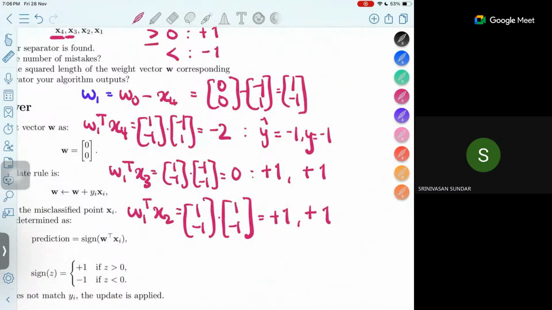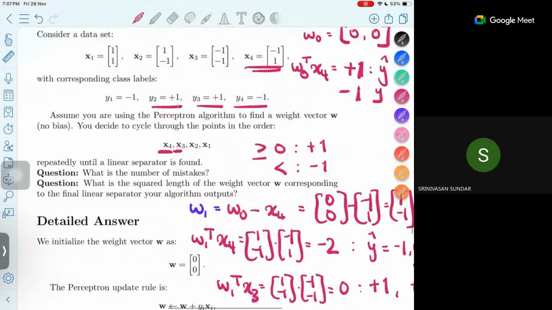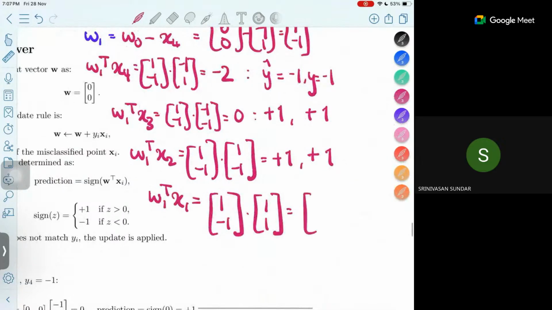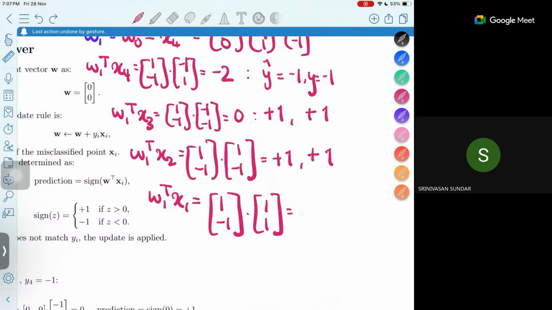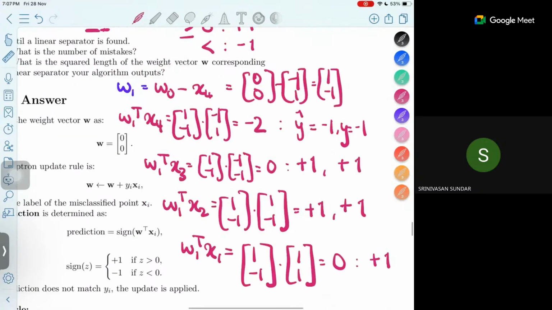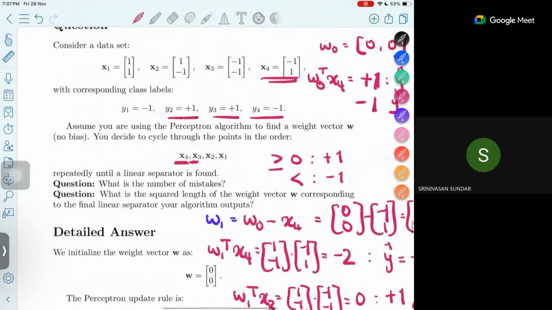So hopefully if it classifies the last one also correctly, W1 transpose x1 also correctly, we are done. Okay, 1 comma minus 1 dotted with 1 comma 1, which is 0, right? So 0, so we will call it plus 1. What's the actual class? The actual class is minus 1.